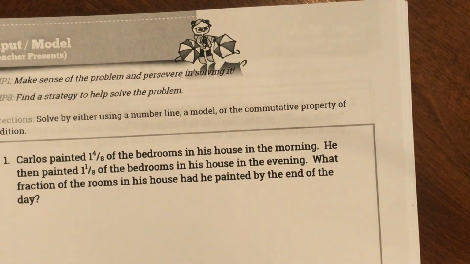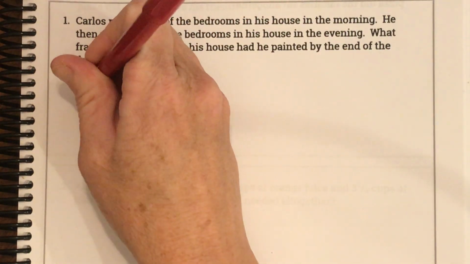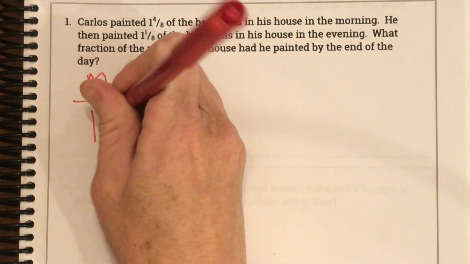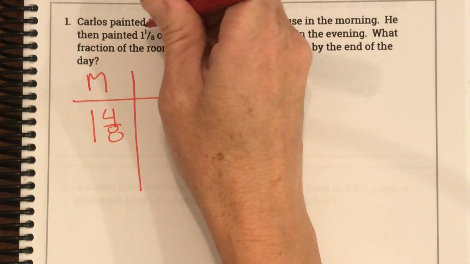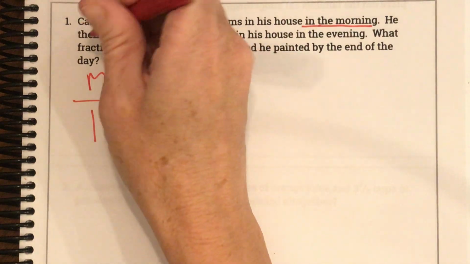Here's my first problem. It says, Carlos painted 1 4/8 of the bedroom in his house in the morning. He then painted 1 1/8 of the bedrooms in the house in the evening. What fraction of the rooms in the house had he painted by the end of the day? Okay, so what do we have? In the morning, Carlos painted 1 4/8. It says he then painted.